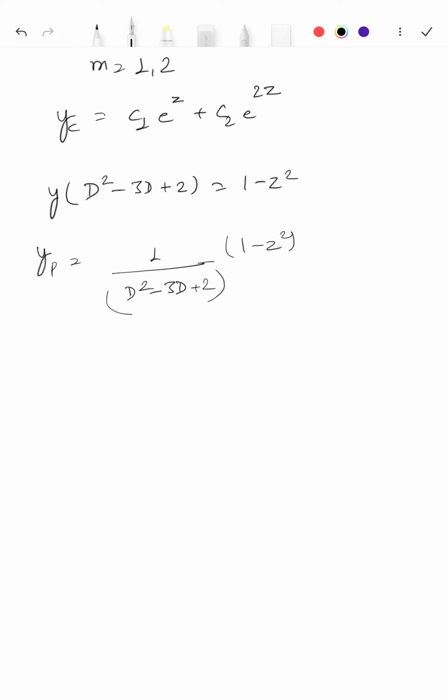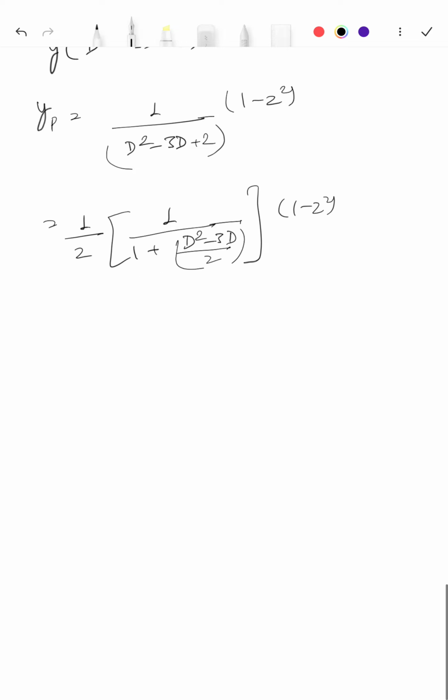If you look here very closely, we can write it like this: 1 by 2 times 1 upon 1 plus (d square minus 3d by 2), acting on 1 minus z square. Again, make a mark here. This is equivalent to 1 plus (d square minus 3d by 2) to the power minus 1, acting on 1 minus z square.